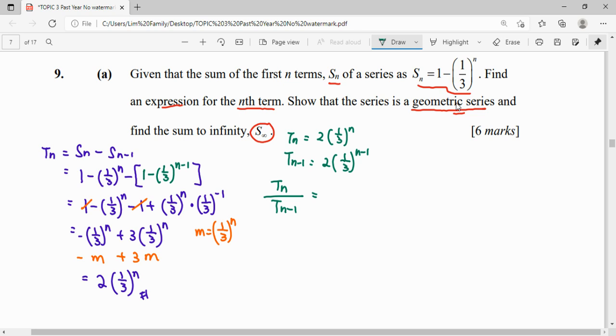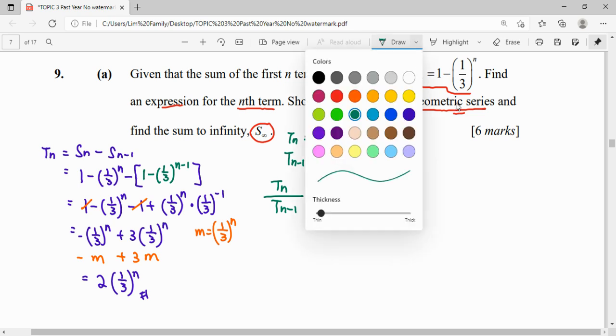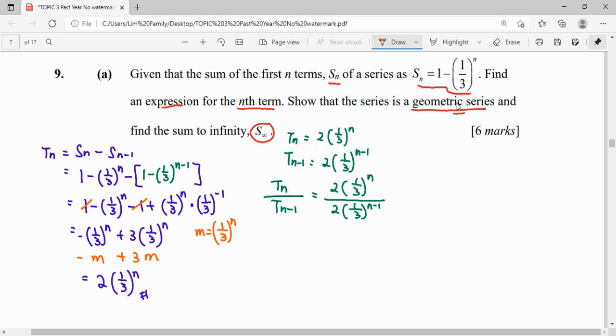So Tn is 2(1/3)^n and Tn-1 is 2(1/3)^(n-1). We substitute our values here. We are using the indices concept again. The value of 2 we can simplify. And when indices are in division, the powers can be subtracted. So n minus (n-1): n minus n is finished, and minus negative 1 becomes 1.